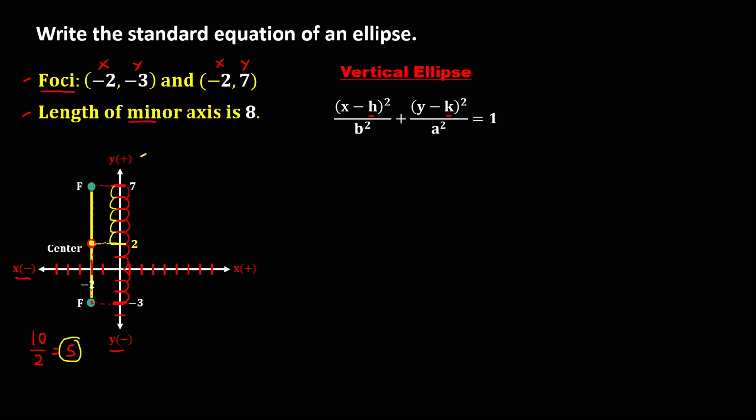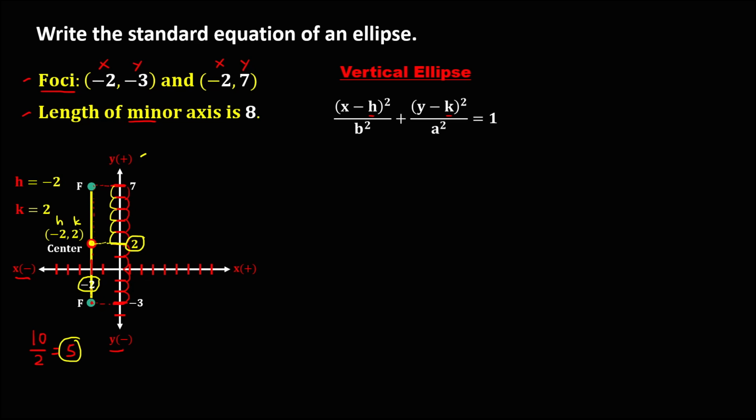Then the coordinates for the center: we have x, negative 2, and y, positive 2. So the coordinate is negative 2 and positive 2. So from the center, we now have the values for h and k. So h is negative 2 and k is positive 2.